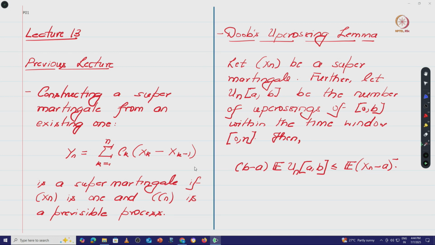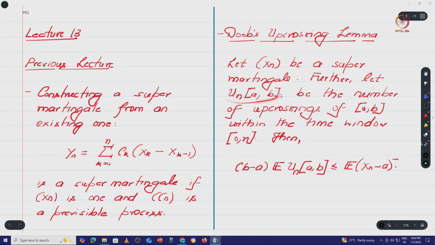Apart from this, we studied something called Doob's upcrossing lemma. It is one of the fundamental results that is used towards proving convergence of martingales. So this result stated something like this. It said that suppose Xn is a super martingale.